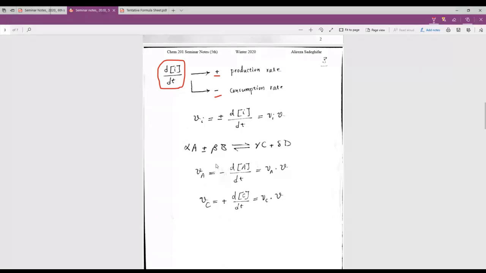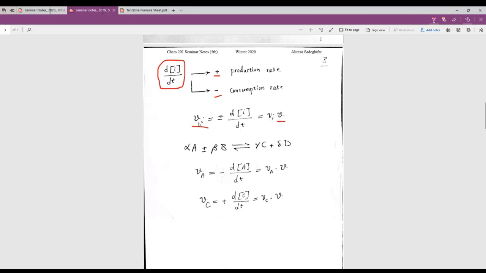Okay, so now we can write down the rate of consumption of a species I. So this is epsilon I. It's different from epsilon. Epsilon is the general rate of the reaction. When we put an index here for a species I, then it is the rate of consumption or production of species I in the reaction.